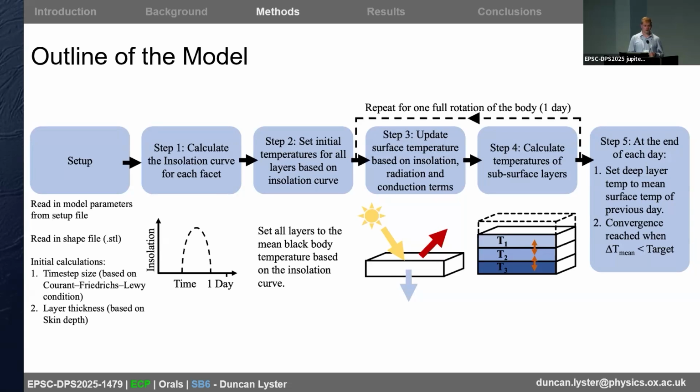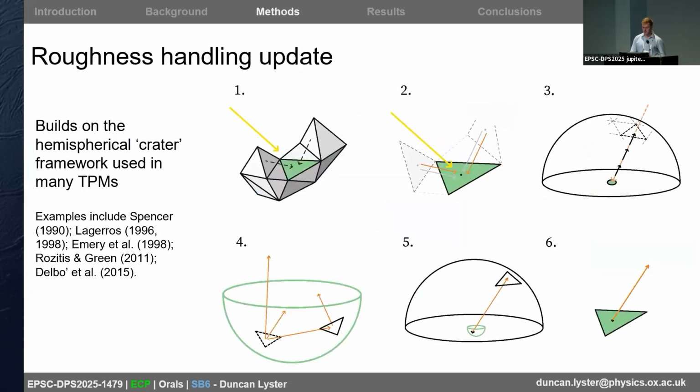So if, for example, you're interested in microphysical models, looking at regolith particle size, that type of thing, or effects like you have with translucent materials, you can switch out that 1D solver for a different 1D solver, and the model should still run smoothly. I will caveat that by saying that I haven't yet done this, but the code is built in such a way that that should be quite a straightforward switch. And then the model repeats until the convergence criterion is met.